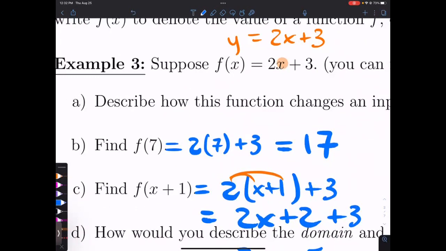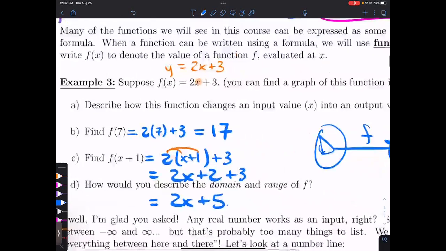We use f of x or y interchangeably as the output thing. So we found, for example, f of 7 means let x be 7. If I rewrite that with 7 in place of x, I get 2 times 7 plus 3. I do the arithmetic, I get 17. So 7 and 17 are paired together, the x and the y from the domain and the range.